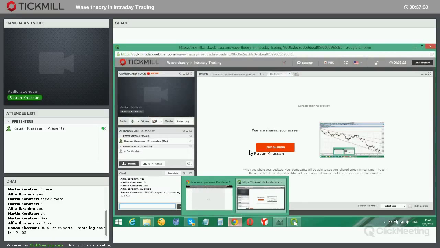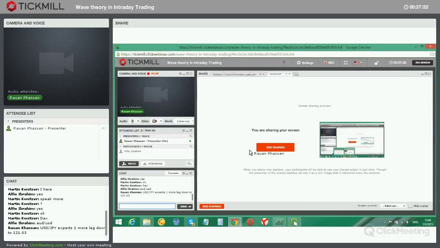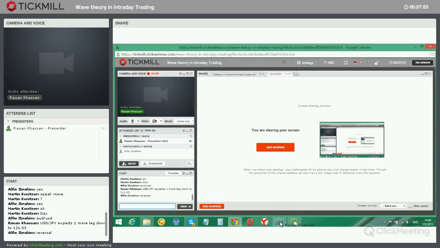What is your expectation on the Australian dollar? Are you trading with the expectation of some reversal in it as well? Or do you expect continuing downtrend? Great, Alfie. And do you have any certain point of reversal already?